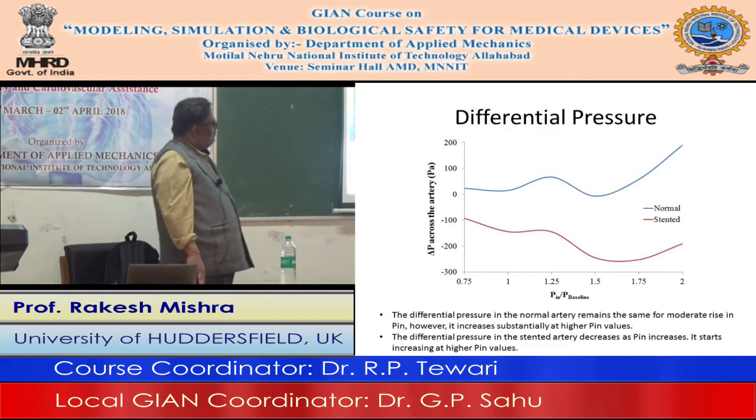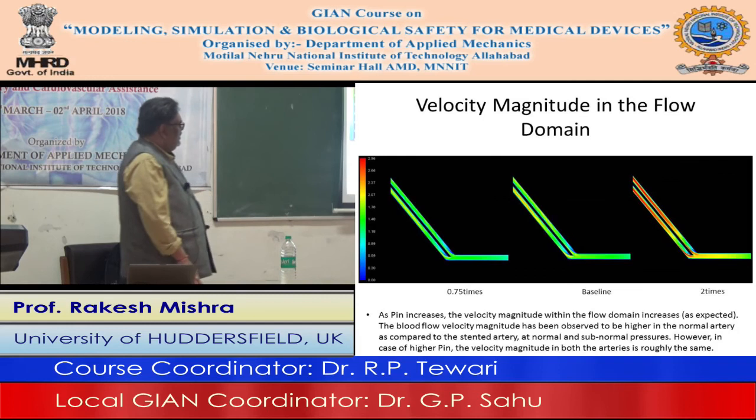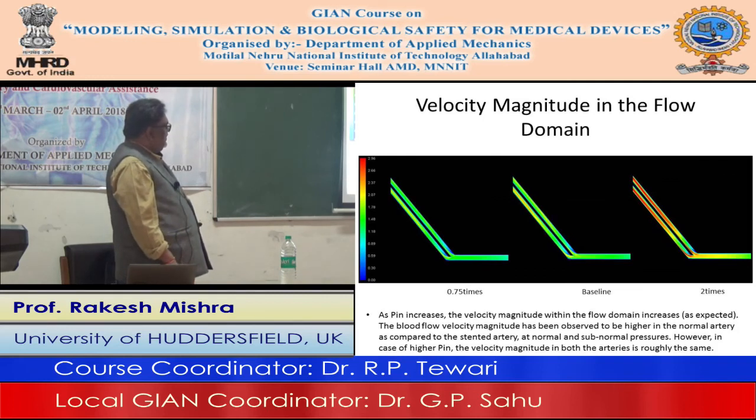Now let us look at the velocity magnitude. Again, as the P in increases, the velocity is higher here, that is expected, and velocity is lower here, that we can see. We can see that the separation point is here, here, and here, that is fine.